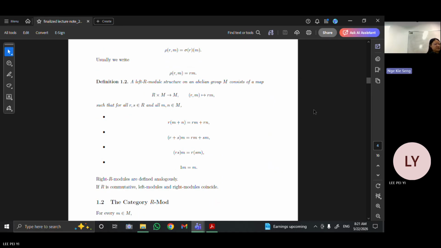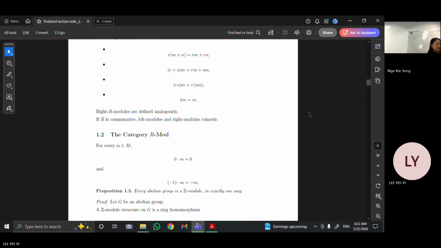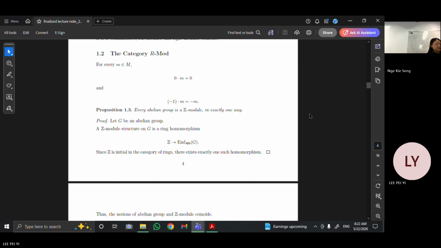The next definition: a left R-module consists of an abelian group M together with a map, such that for all r, s in R and m, n in M, the module axioms hold.